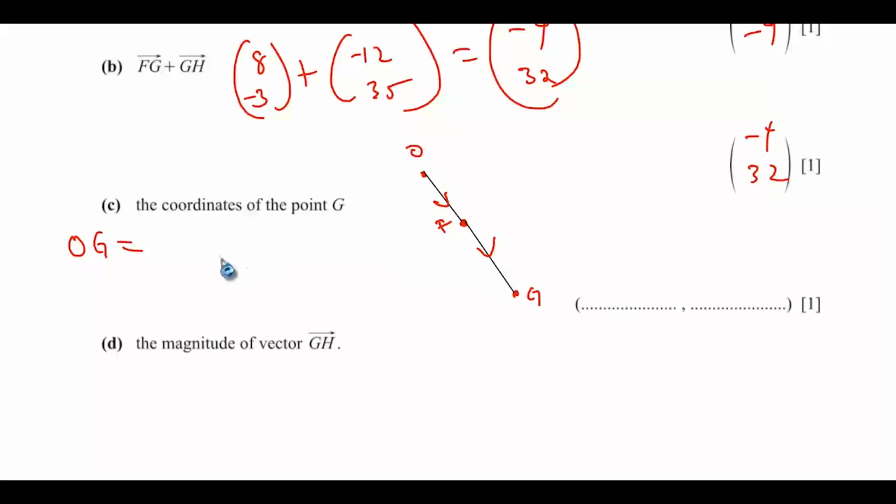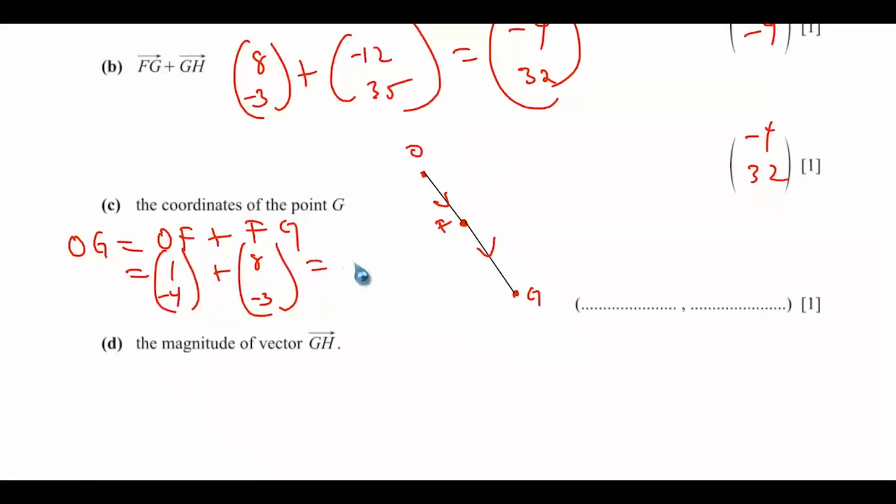So from here, OG will be equal to OF plus FG. So we can key in the values. We know that OF is (1, -4) as a column vector, plus FG, which is (8, -3).